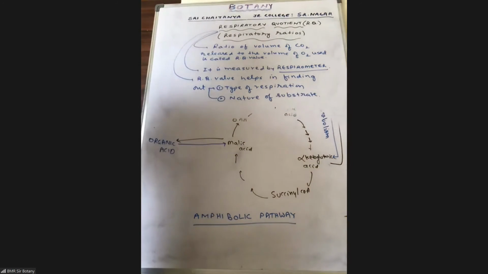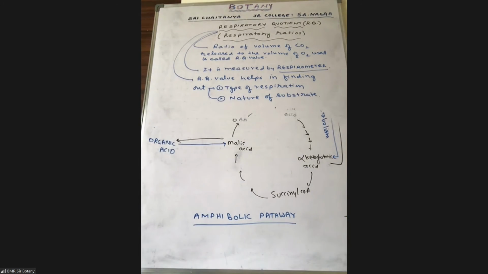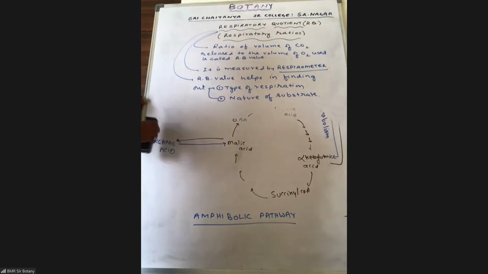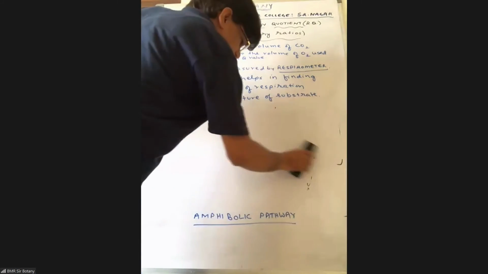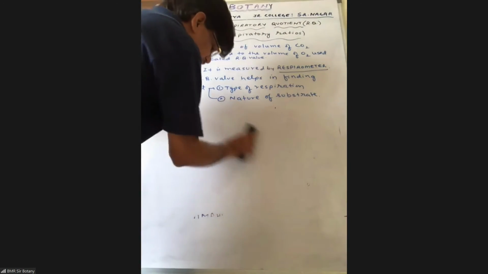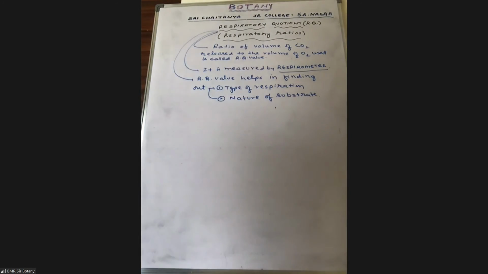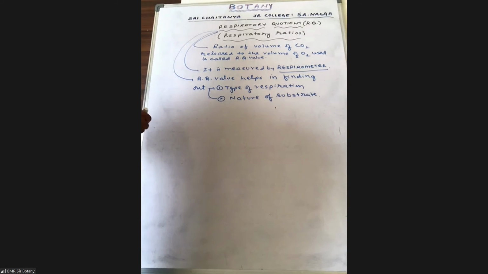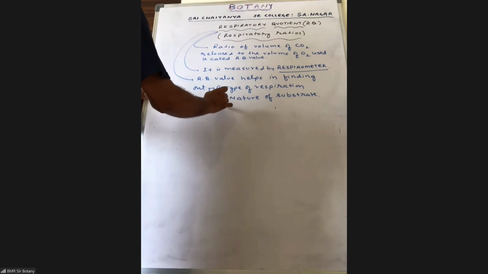Based on RQ values, you can find out what type of respiration occurred and which type of substrate was involved. So RQ value varies depending on the nature of substrate and type of respiration. So number 1, RQ value for carbohydrates.